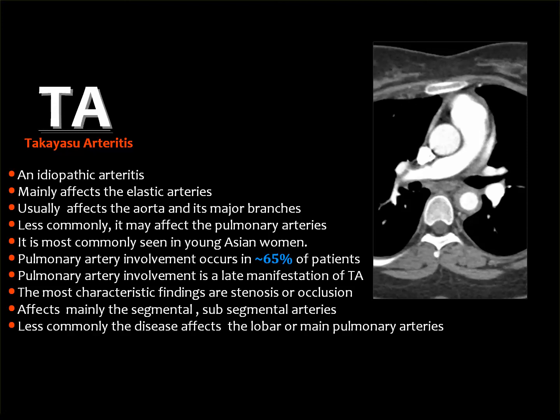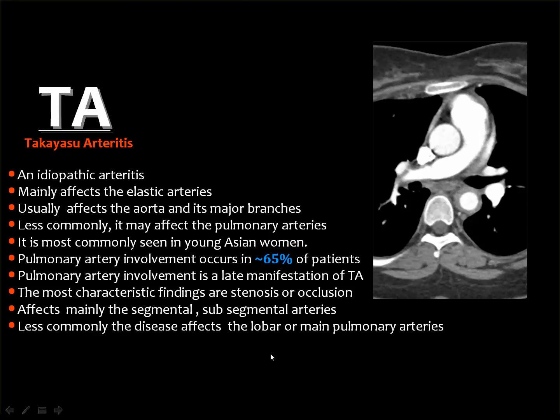Then you remember we have discussed Takayasu arteritis when we talked about diseases of the aorta. Takayasu may also affect the pulmonary artery and its major branches, and this may occur in about 65% of the patients. Takayasu is an inflammation of the vessel wall, resulting in compromise of the vessel lumen.